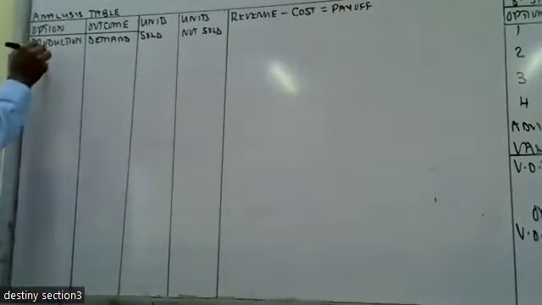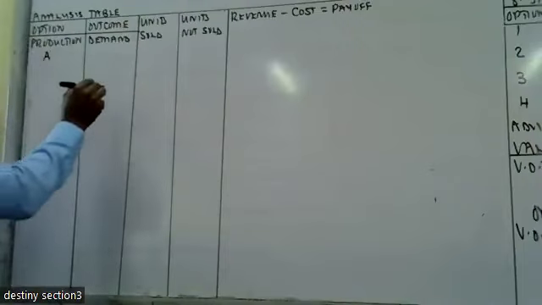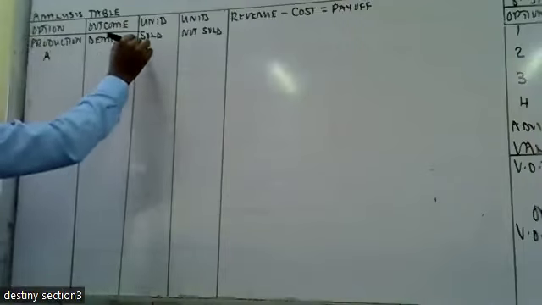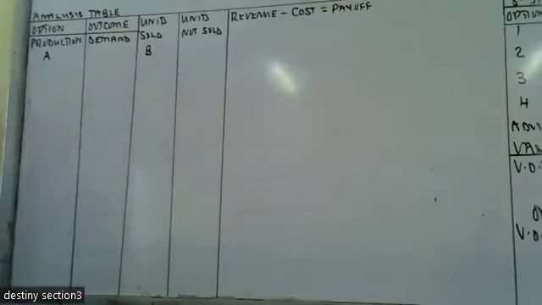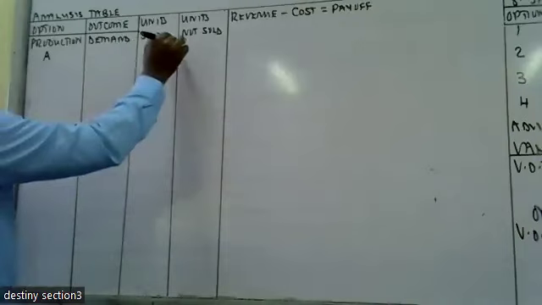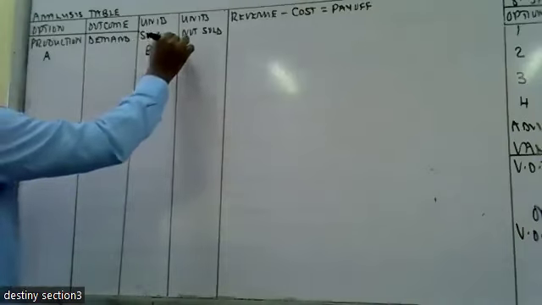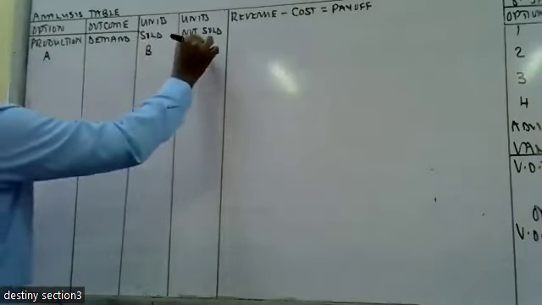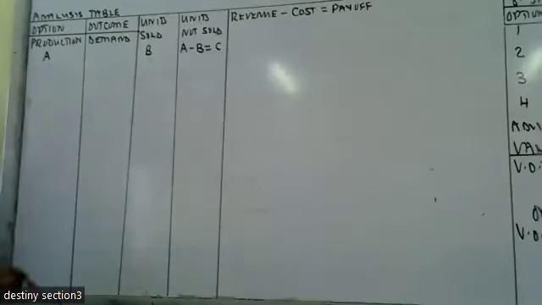Sasa, if I say production is A, and I say that unit sold is B, then units not sold will be A minus B, and I call them C. Then my revenue will be 1 loaf kinauzwa 40 bob, eh?